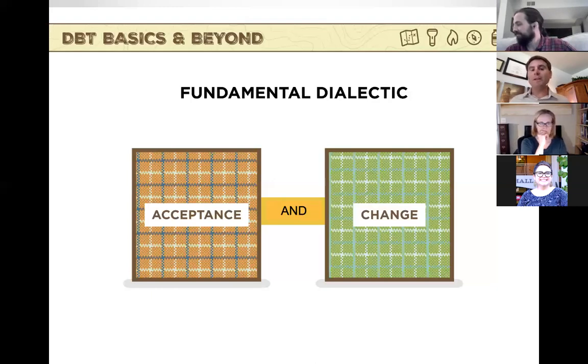And so the art of DBT is you as the therapist, you use your own clinical judgment and expertise and competence and experience to figure out for any given client, any given situation, how much acceptance is called for right now versus how much change. So this is kind of the mother of all of the different dialectics that you'll see embedded throughout DBT. Right? The DBT therapist is constantly striving for this balance.